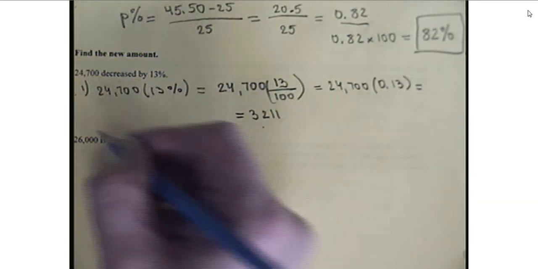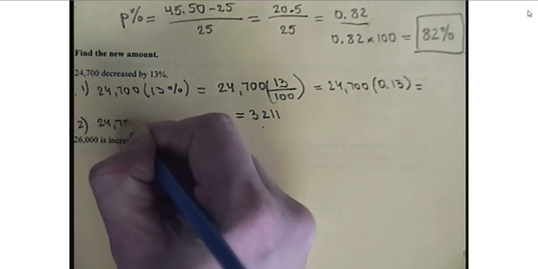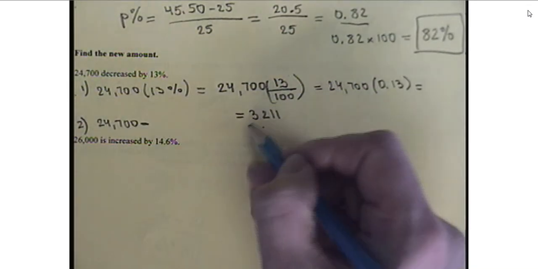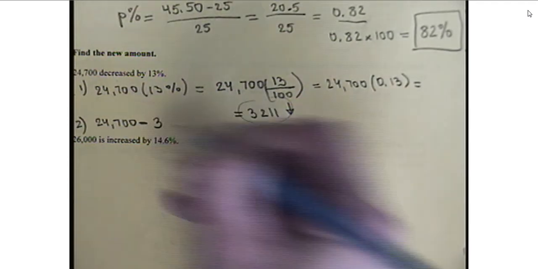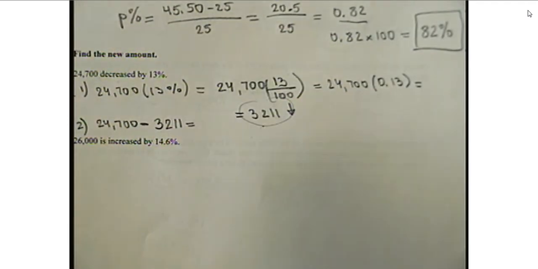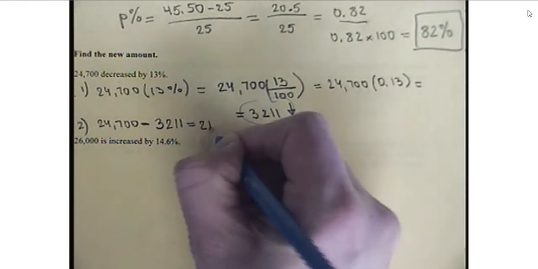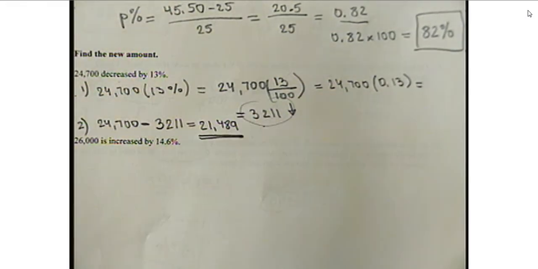24,700 minus the decreasing amount of 3,211, which will be equal to 21,489. So that will be the total.